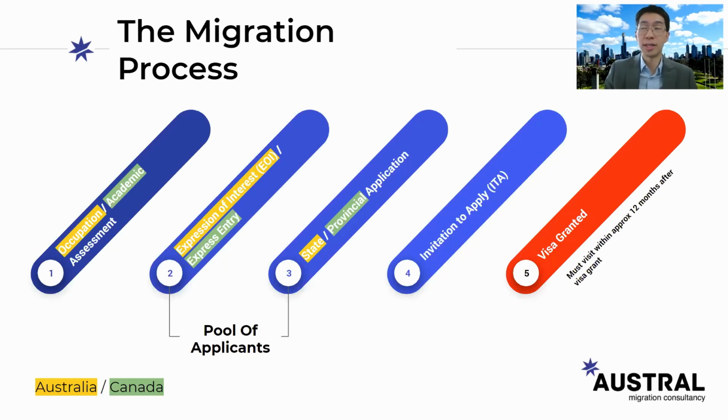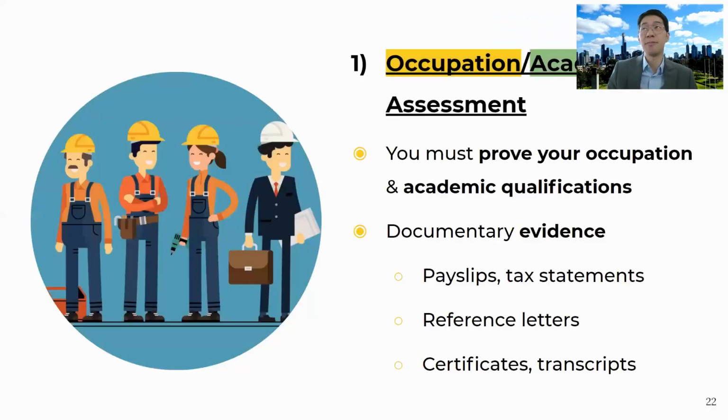We'll go through each one as quickly as I can. So stage 1, occupation or academic assessment. What's happening here is that you're looking to prove your job and your academic qualifications. On Australia's side, it's kind of focused on both, but the priority is proving your occupation.